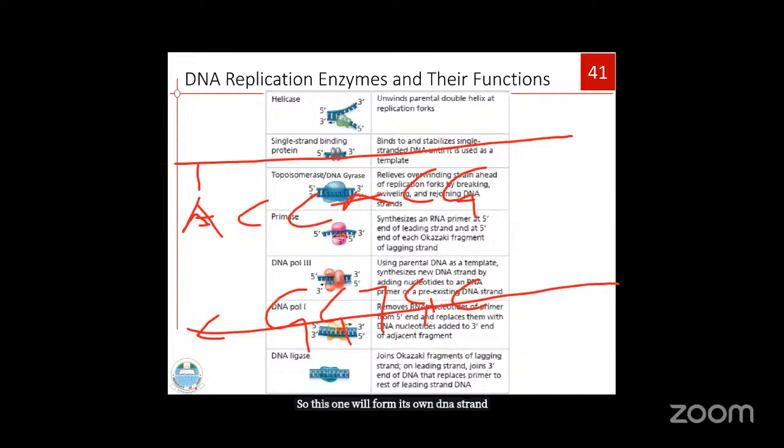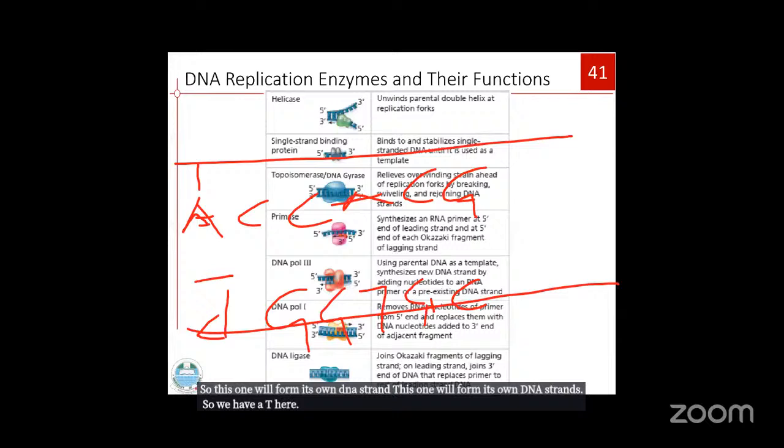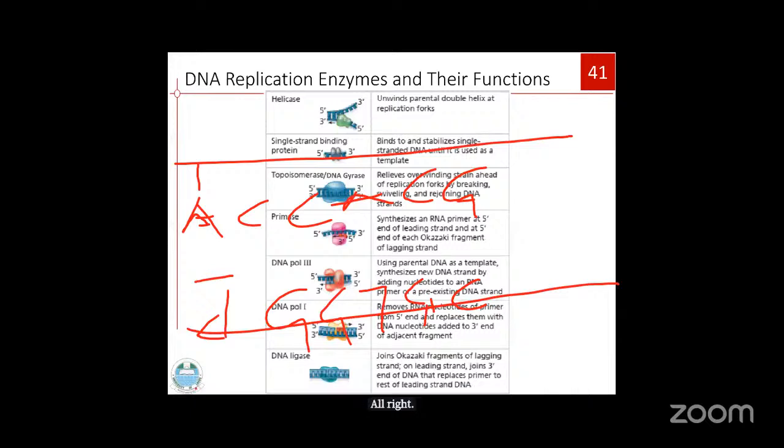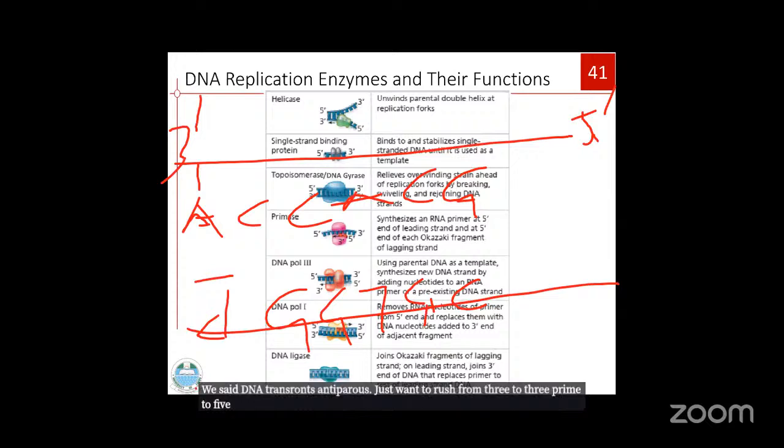We said the DNA strands run antiparallel. This one runs from 3' to 5', and this one runs from 5' to 3'.